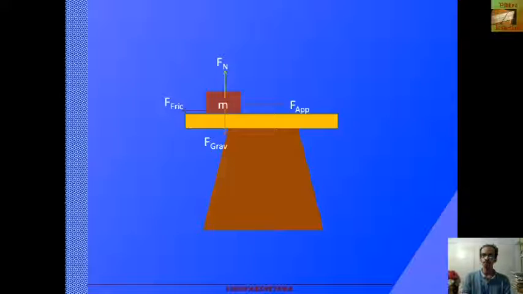So these are the four forces that are acting on this object of mass m. If the body moves, then the net force, F net, in the direction of F applied, is toward the right side. The direction of acceleration of this body is also in the direction of the F net. This is what Newton's second law states.